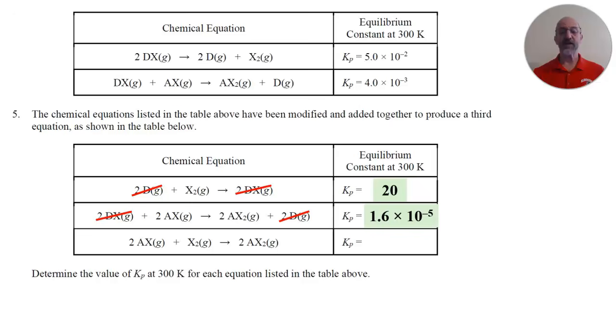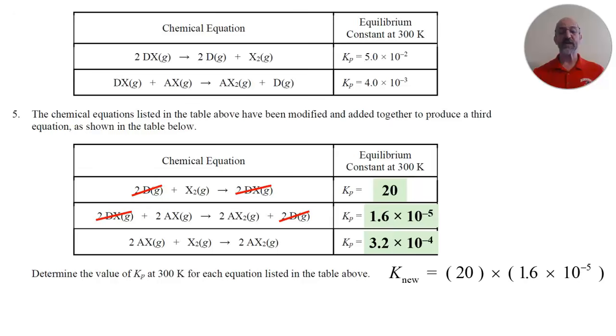So yes, that works. And now what is my new value of K for the overall equation? It would be the product of 20 times 1.6 times 10 to the negative 5. And so when I do that math, I get 3.2 times 10 to the negative 4.